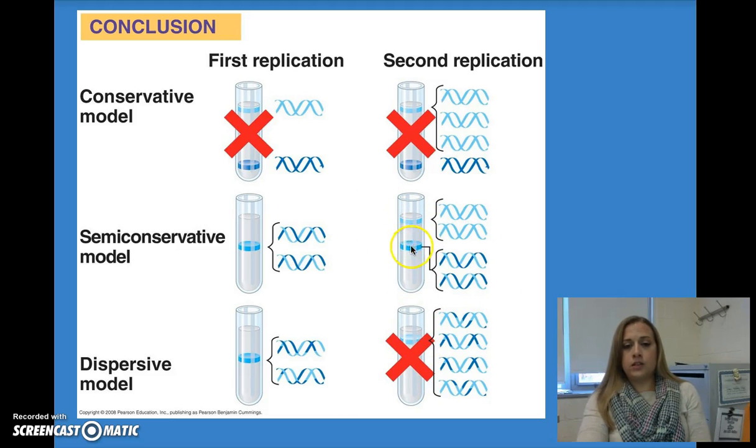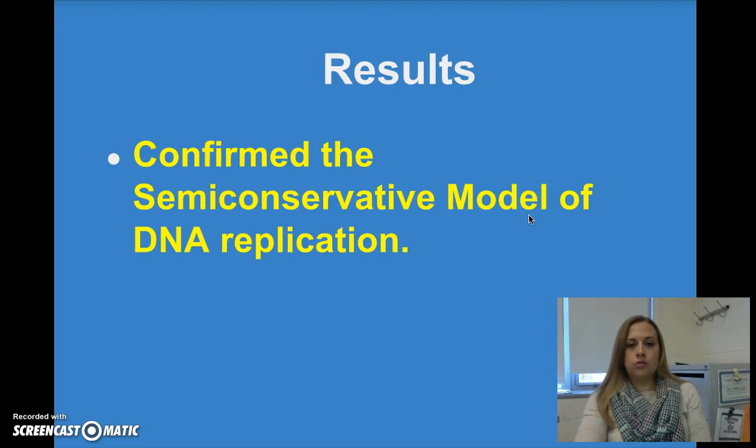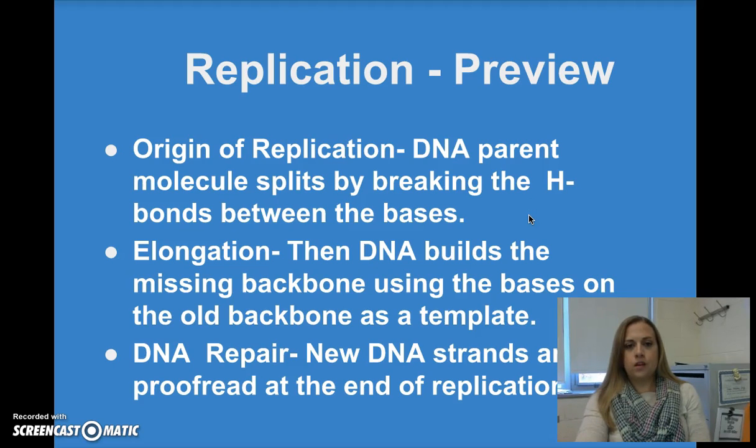What was actually seen though was that you still had your sort of medium band, and then you had a lighter band, and so that corresponded to the semi-conservative model, where you still have the old strand of DNA mixed with the new, and then as it replicates in that nitrogen 14, you're going to have your newer strands that are all a little bit lighter. So the results confirm the semi-conservative model of DNA replication.